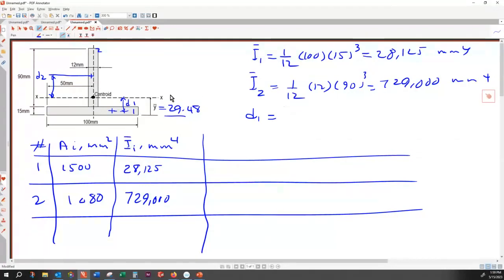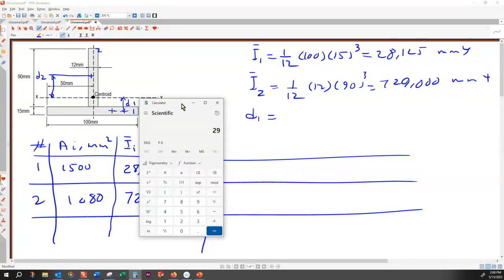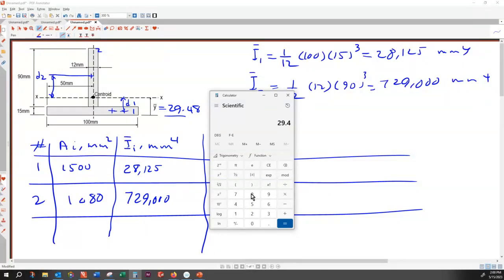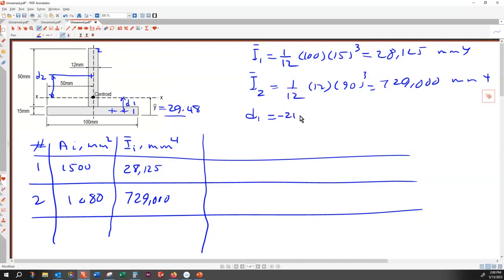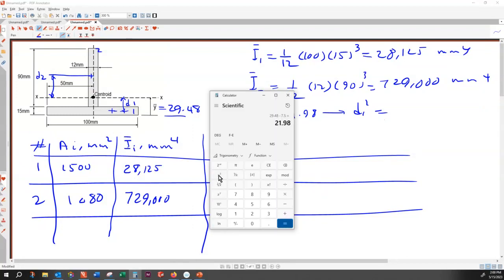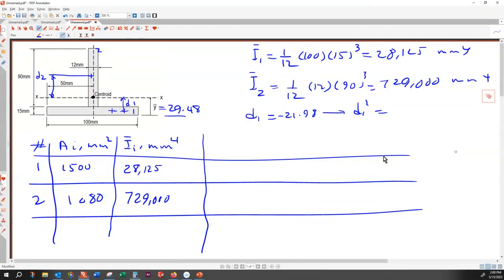So D1 is equal to 29.48 take away 7.5, that is 21.98. So D1 squared, that is 483.